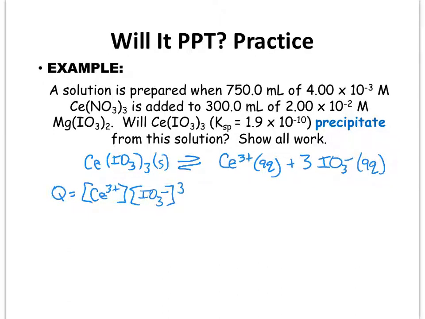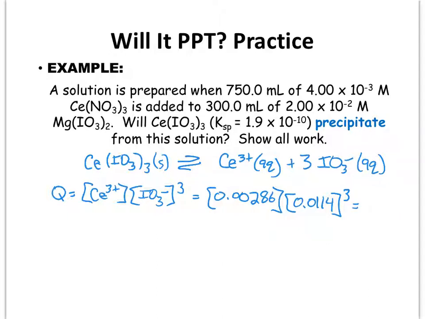And now the concentrations of these ions that I found previously, I can plug into my Q expression here. So we have the Ce3+ was 0.00286, and the IO3- is 0.0114, but that is cubed.